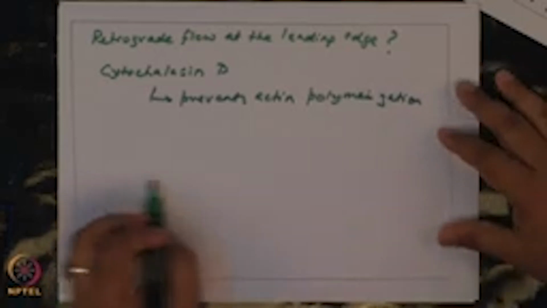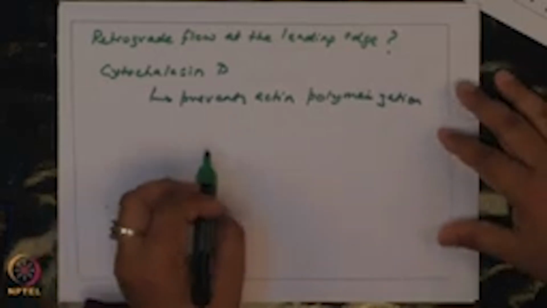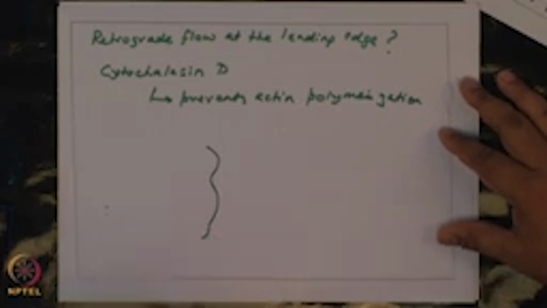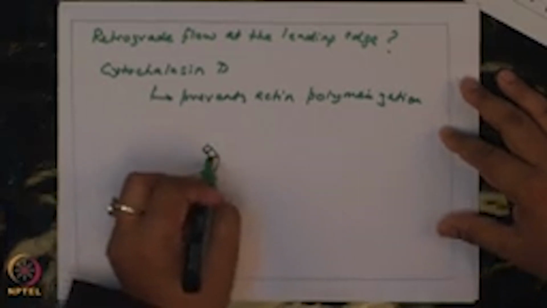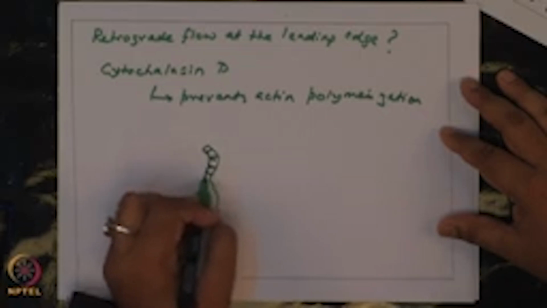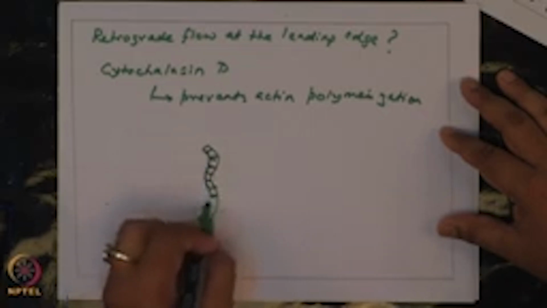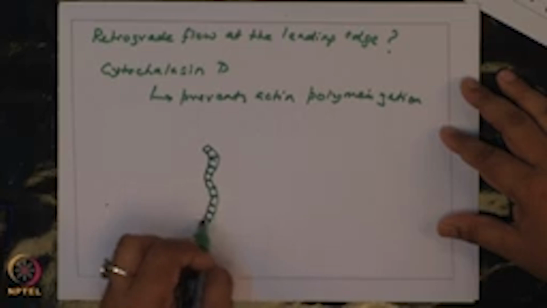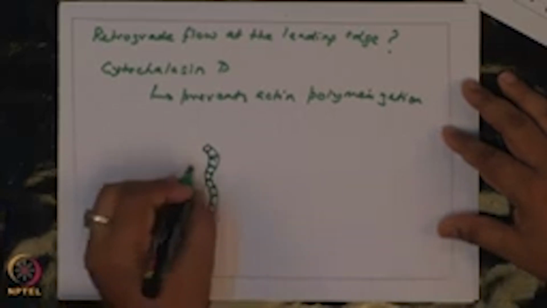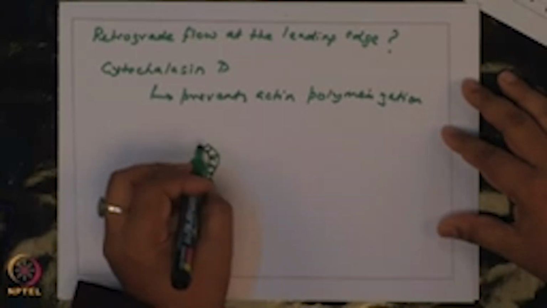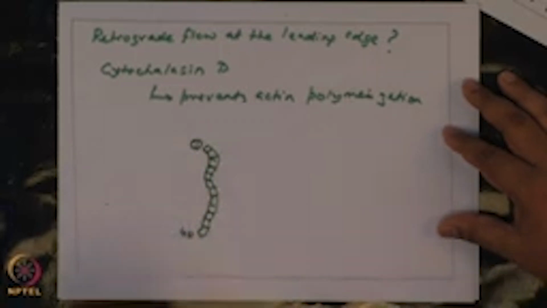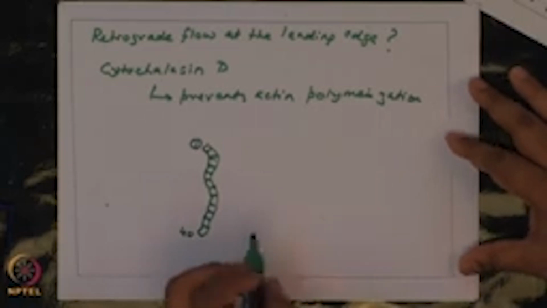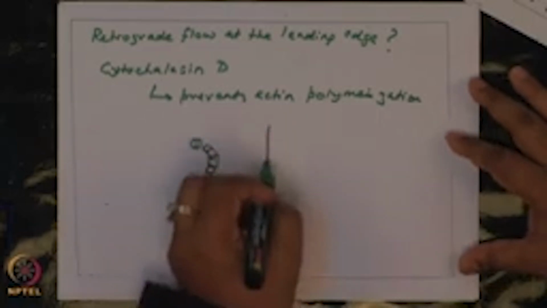If this is the leading edge of the cell, the authors discretized the leading edge of the cell into small segments. Each of these is a small segment. Let us say this is segment 1 and this is segment 40.